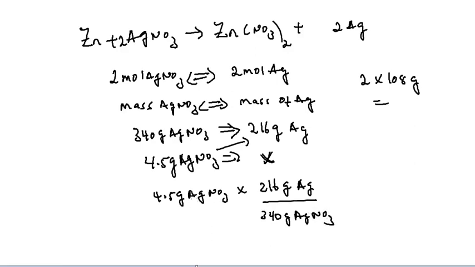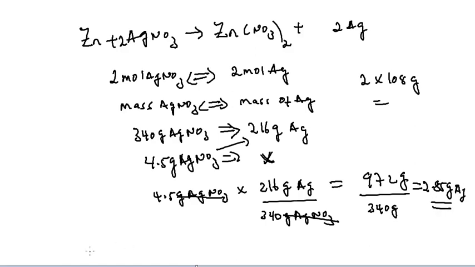This is a conversion factor. The unwanted unit is crossed out. So we multiply 4.5 by 216, and we get 972, and we divide that by 340. If we divide this by 340, we get 2.85 grams of what? Silver.